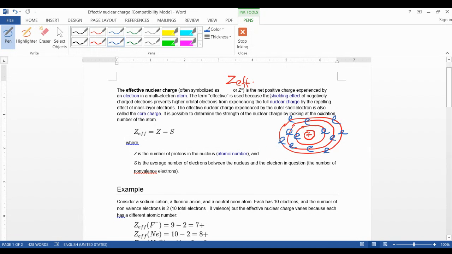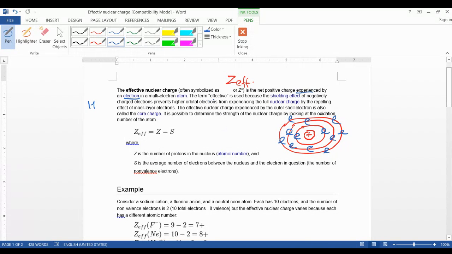Suppose you have it like this. What is written here is the net positive charge experienced by electrons in a multi-electron system. Only a single electron you will find in hydrogen. But if you have any other element with multi-electrons, the effective nuclear charge will be affected. Now, what is a multi-electron atom?